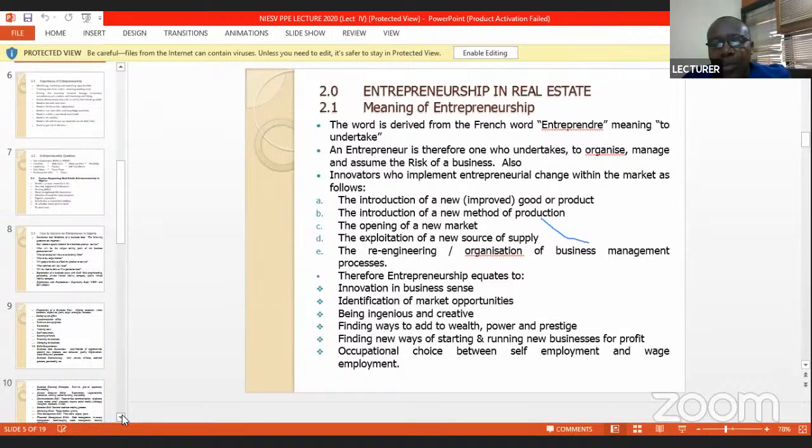So try as much as possible to be sure of the correct spelling of entrepreneur and entrepreneurship. The word entrepreneur was taken from a French word, entreprendre, which means to undertake.